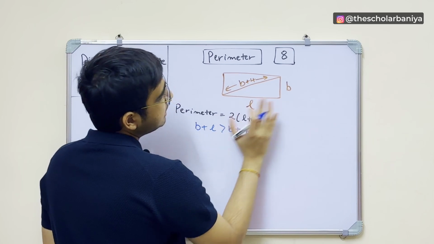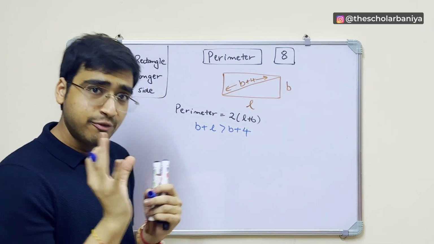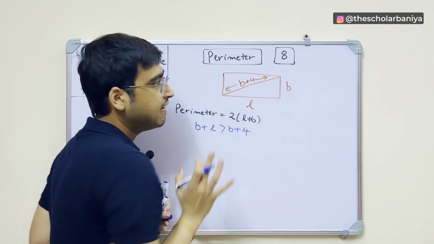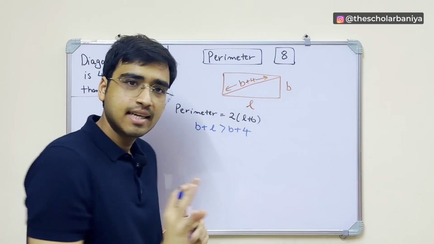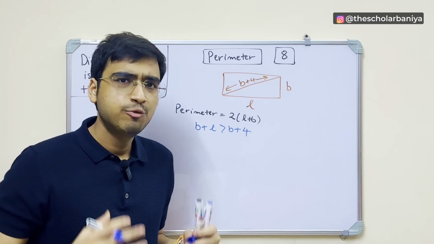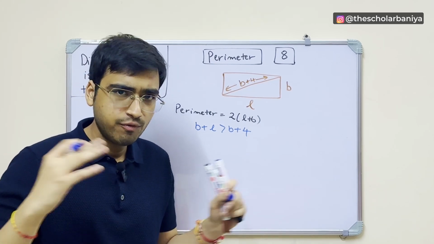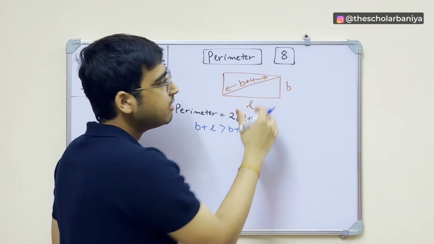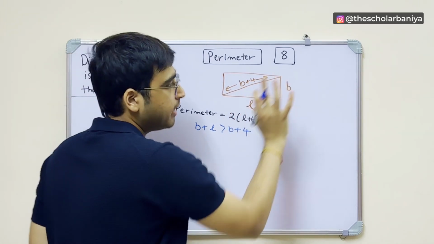But if you see it differently a little bit, this diagonal, right? Obviously, breadth can never be negative. Breadth will be something like 1, 1.5, 2, 2.5, 10, 15, 20, whatever, right? And this side will be 4 added to breadth.